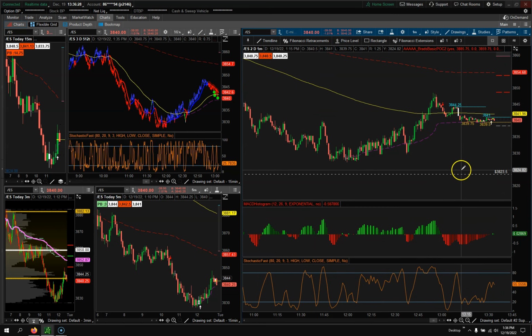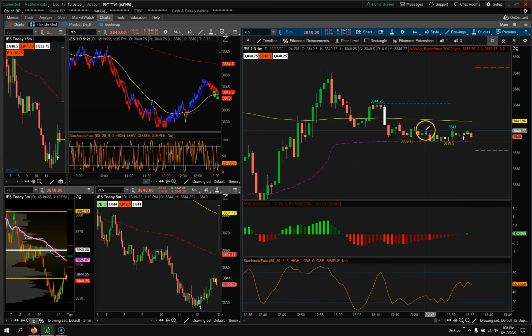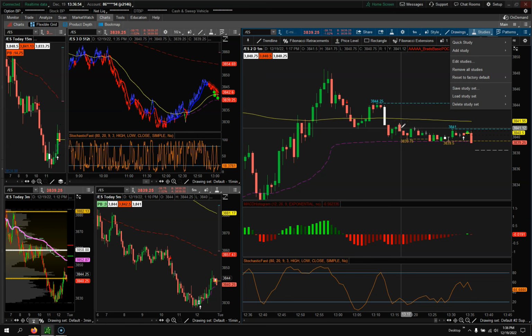Another thing that I have on this chart that's really cool is prior swing highs and swing lows. It gives me my prior swing highs, swing lows from 5 bars back. If you want to show more of them, just go into the studies, and you'll be able to edit inside the study how many days back.